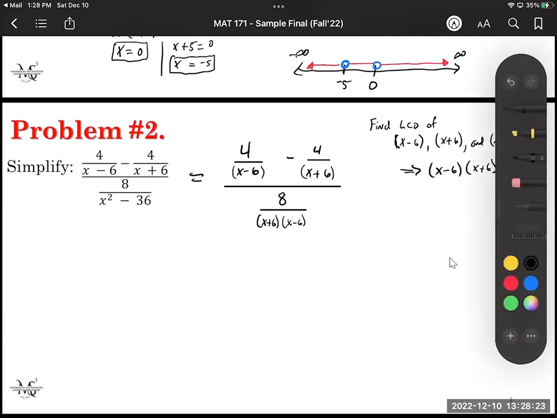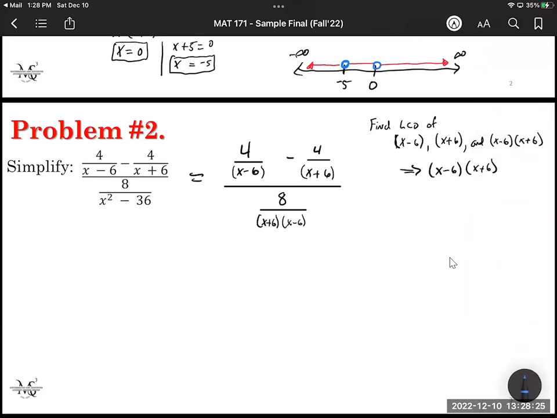Okay, so what this will look like is the following. I'm going to take the 4 over the x minus 6. I'm going to multiply that by x plus 6 times x minus 6. The other fraction, which was 4 over x plus 6, again, I'm multiplying it by my LCD, x plus 6 times x minus 6. And again, I'll do that in my denominator.